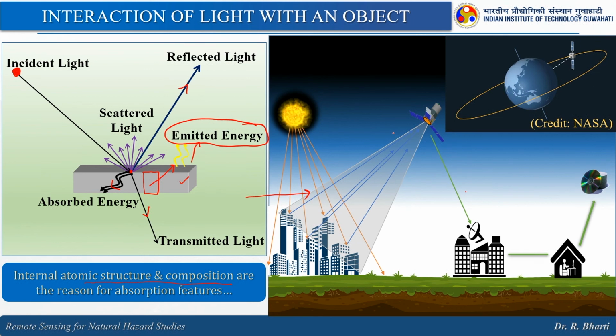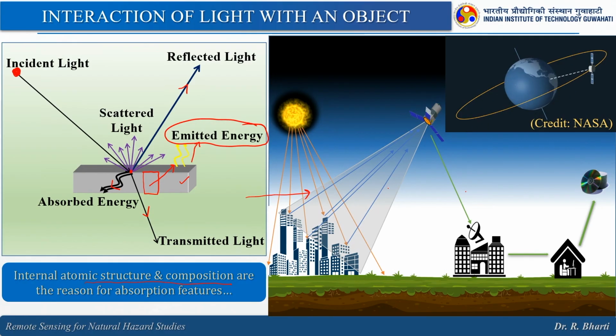Here, this particular section of this slide explains how remote sensing is being done. When the sun illuminates the target, the target is our surface. From the surface, some amount of energy is getting reflected. Let us consider only the 0.7 to 2.5 micrometer wavelength range.